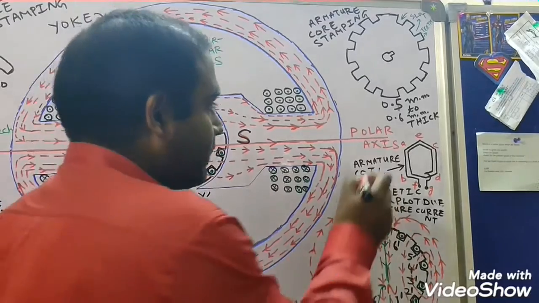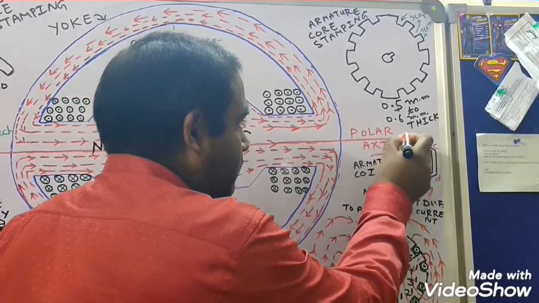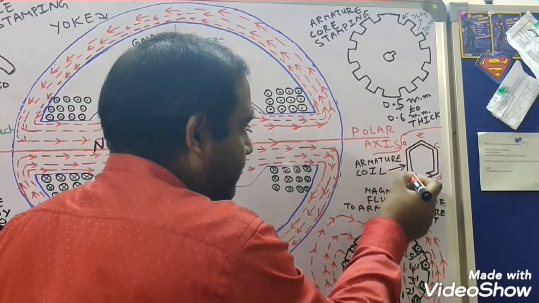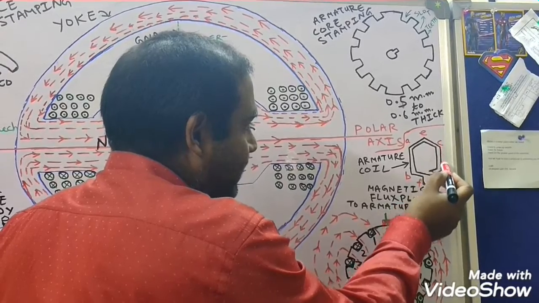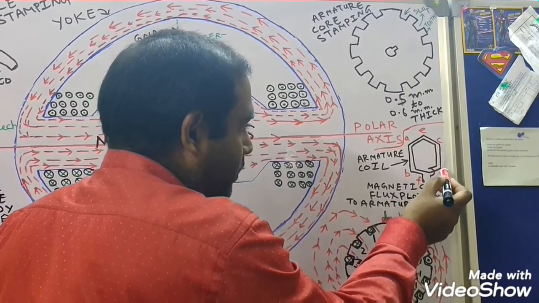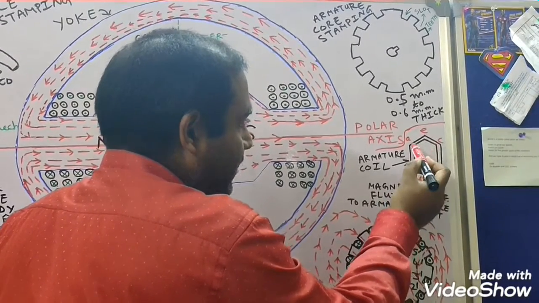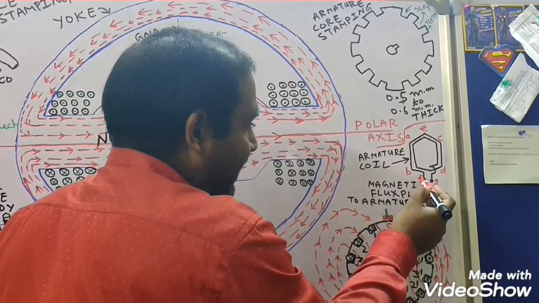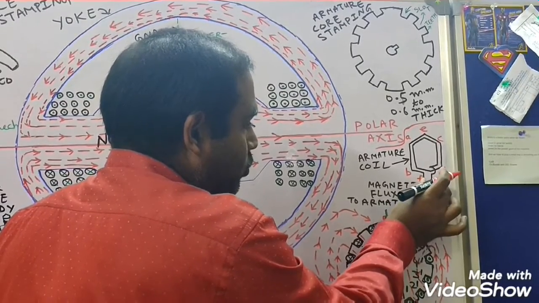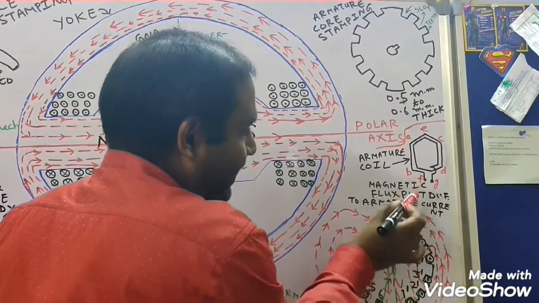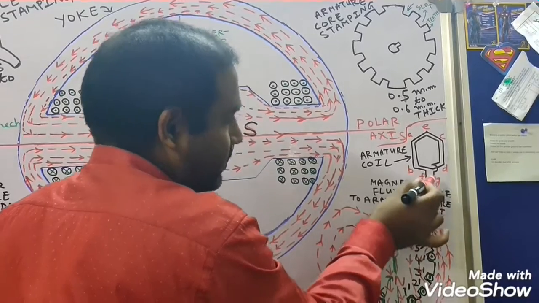AB is the active length of the coil. Likewise, CD is also an active length of the coil, whereas AE and EC are known as overhang, and F and G are the two terminals of the armature coil.